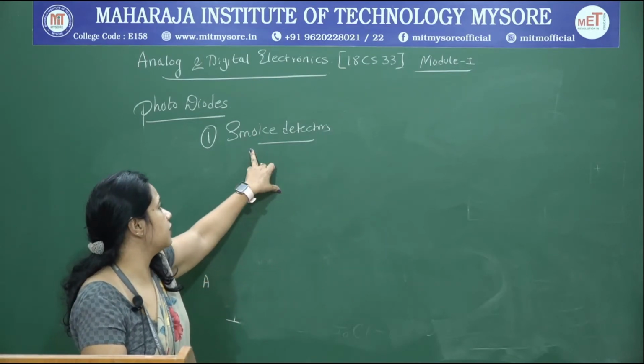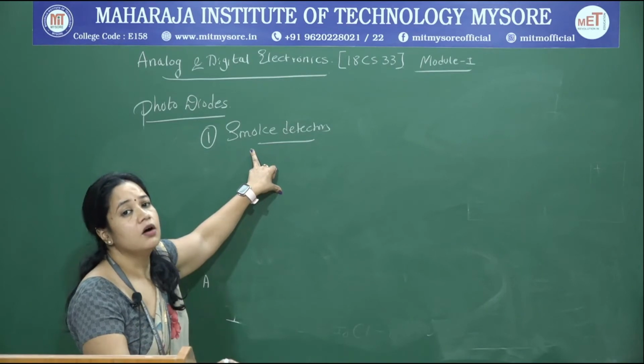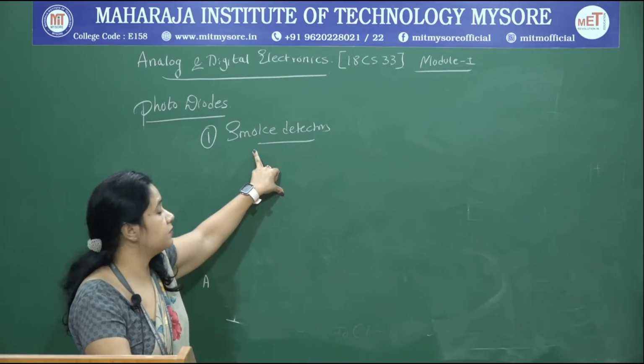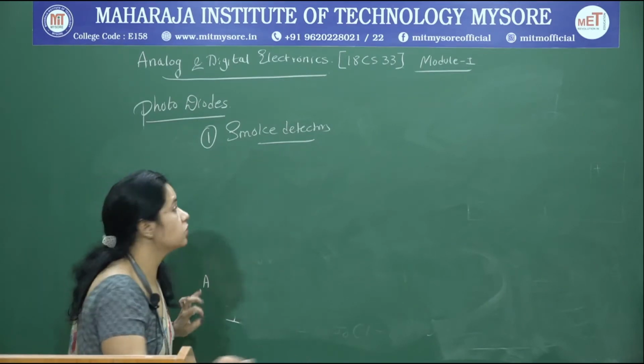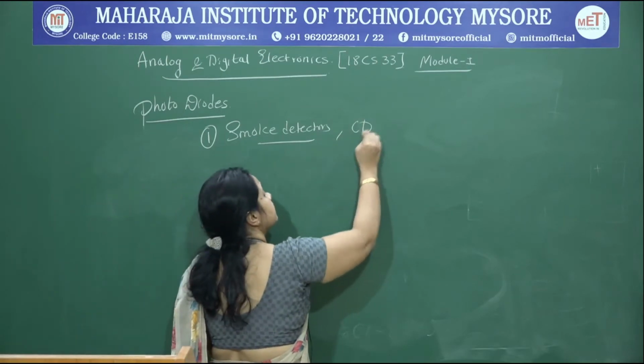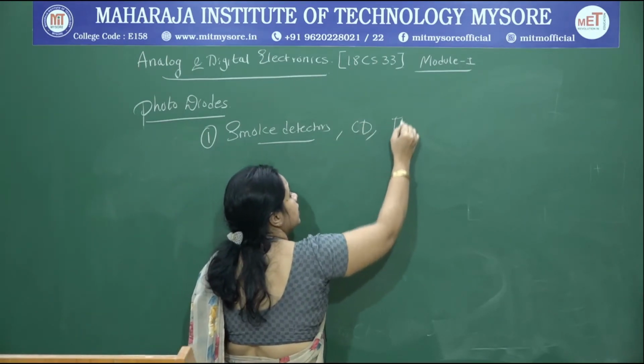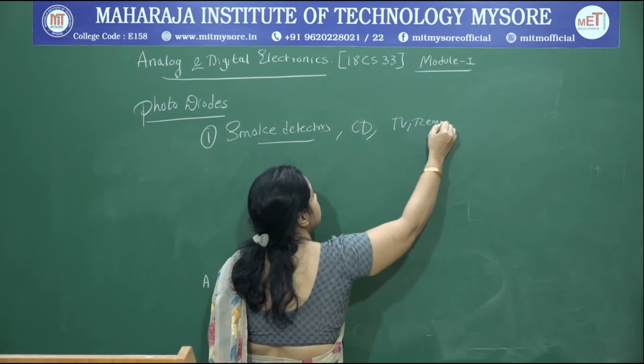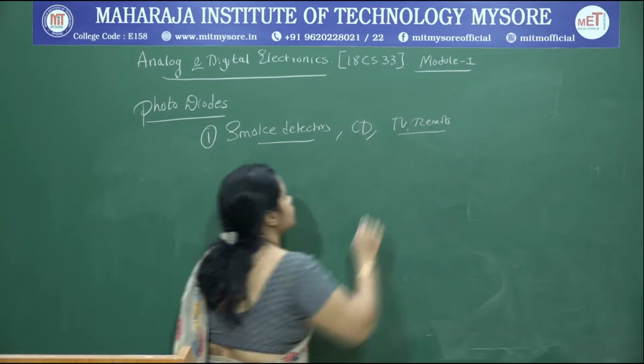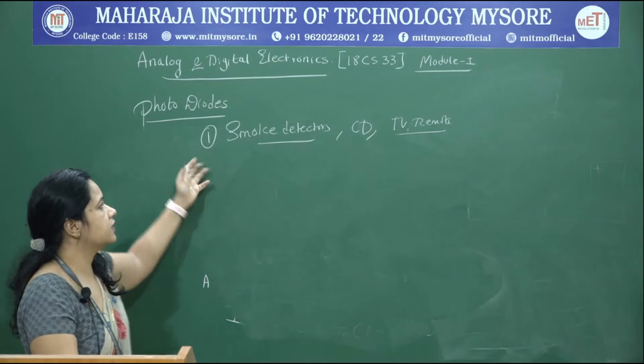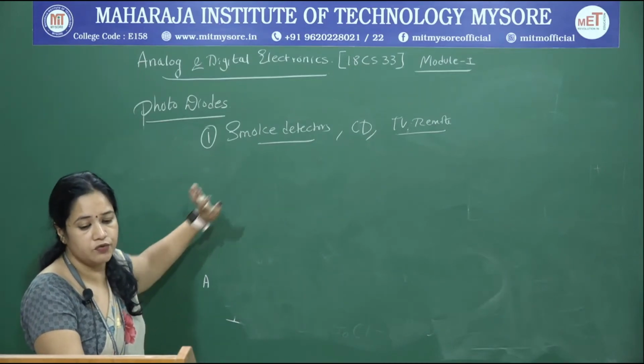Associated with this you usually have alarms indicating the presence of smoke, and it is also used in devices like CD players and TV remotes. So, various electronic devices such as remote controls, CD drivers and smoke detectors make use of photodiodes.